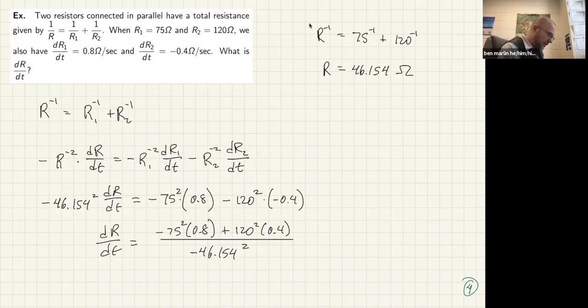Oh no, it's worse than that. It's the negative 2 power, isn't it? Man, copying errors can really goof stuff up. Okay, so now I have to say negative of 75, and so 75 to the power of negative 2, then times 0.8, and then the 120 to the power of negative 2 times 0.4, close, divide, answer squared.